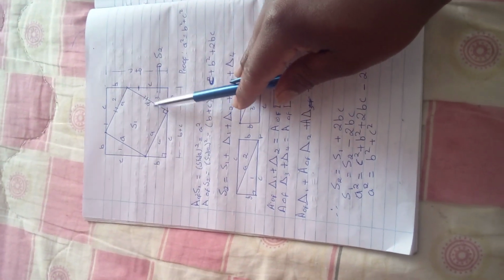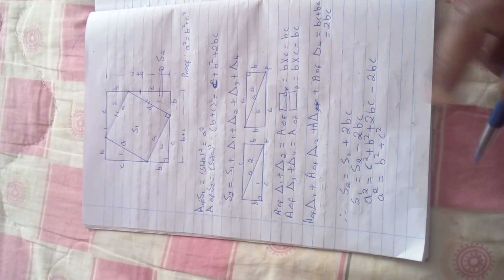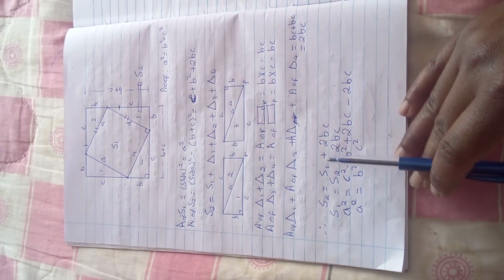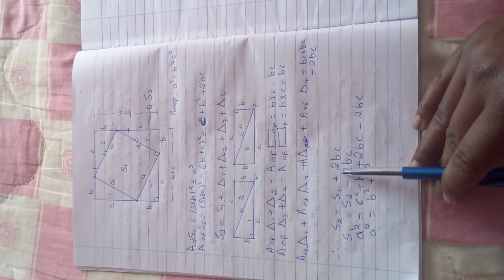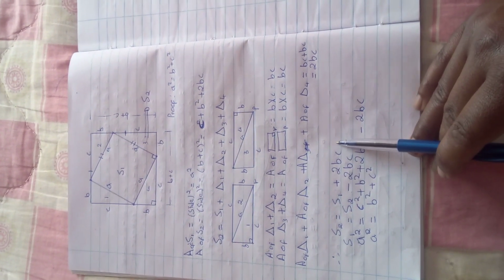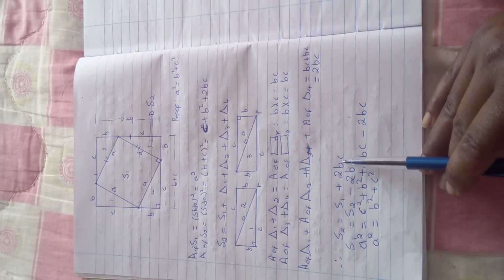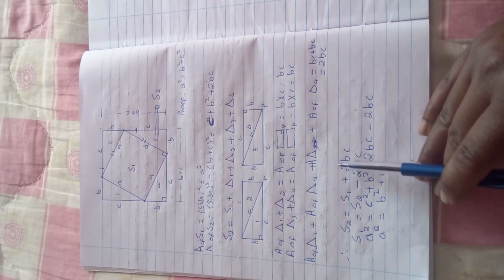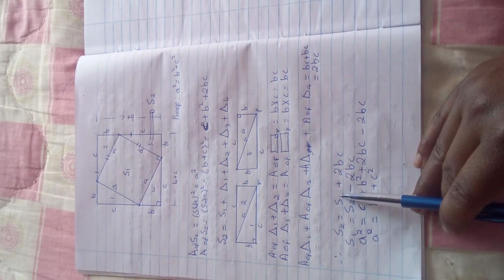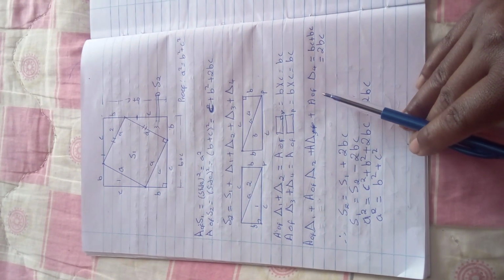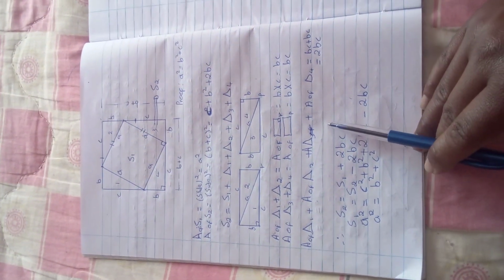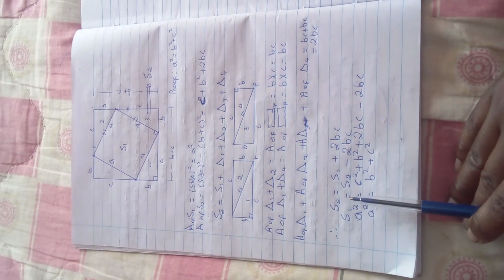Going back to our bigger square, as we've already said, it is made up of the small square plus the four triangles, which have an area of 2bc. Therefore, the small square, which is this one on the diagram, equals the bigger square minus the area of the triangles.